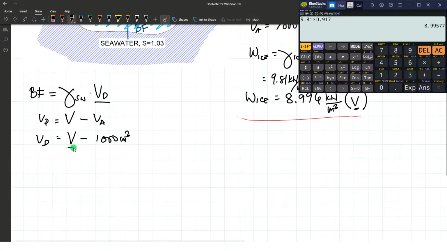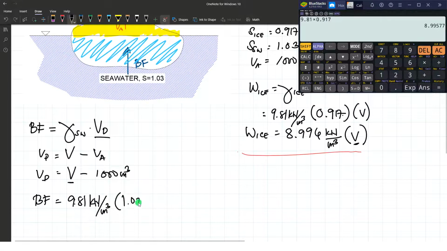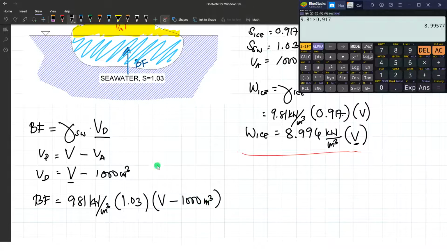Again, total volume of the ice is still unknown, so we just express that as V. And now, computing the buoyant force, we have 9.81, or unit weight of water, multiplied by the specific gravity of seawater, to compute the unit weight of seawater, multiplied by the volume displaced, which is V minus 1000 cubic meters. Okay, this is another equation.